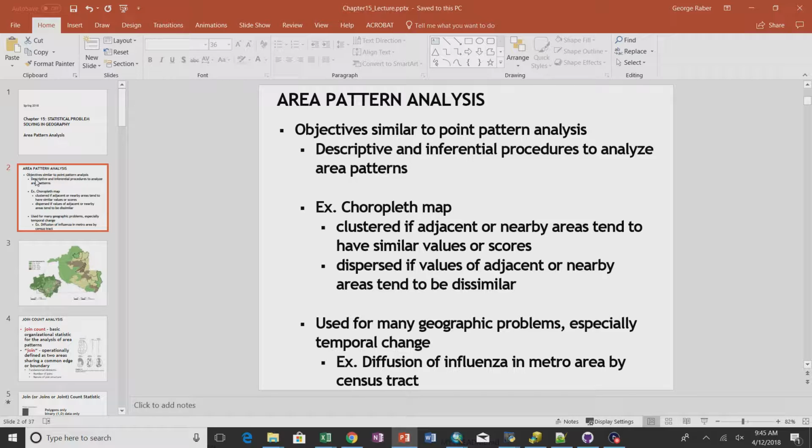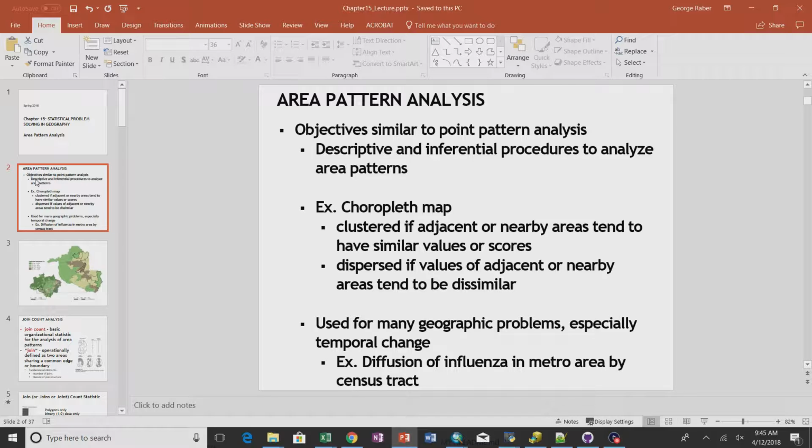Okay, so the goal here is similar to point pattern analysis, but it's going to be looking at area patterns instead of point patterns. And I think we had a picture on the slideshow last week that talked about the difference here. So one of the things that we can do with areas that we can't do with points is look at their common borders and use their common borders as indications of a neighborhood.